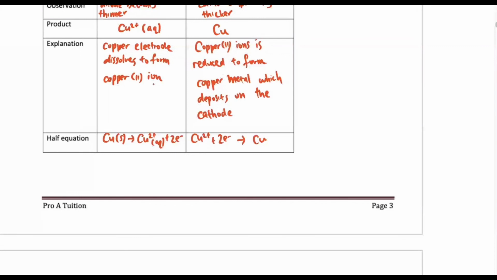Explanation, same as before: silver 1 ions are reduced to form silver metal, which deposits on the silver electrode.